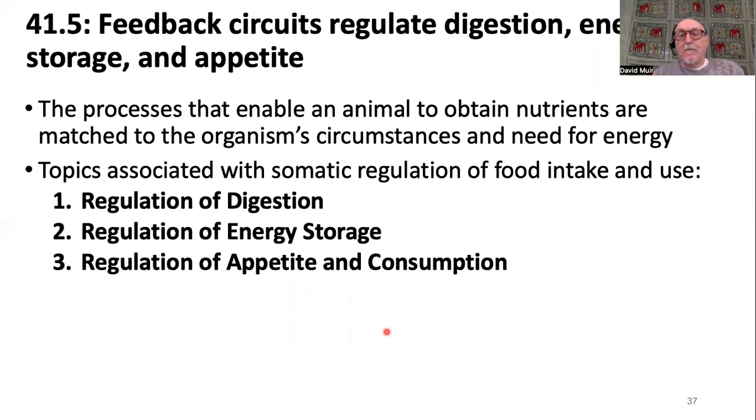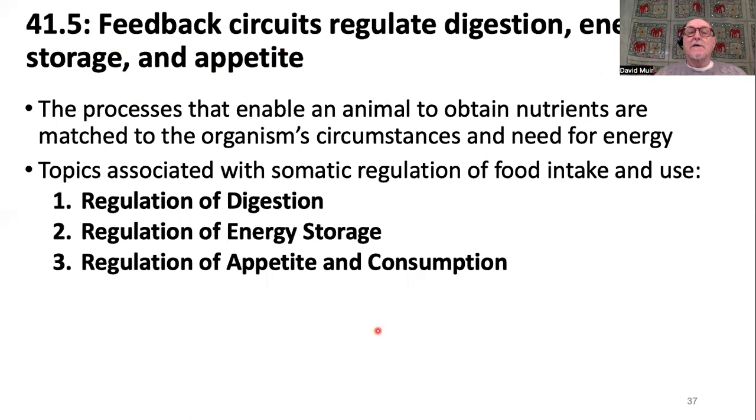So all of the digestive functions and our absorptive functions, and of course our metabolic functions, are regulated by continual relay of information from the organs to the other organs to the rest of the body.